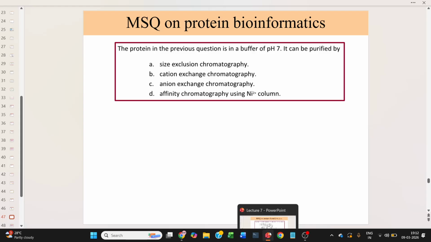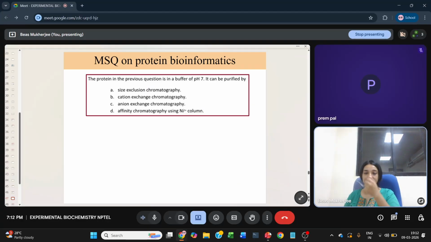Now this question is again important, because the protein in the previous question is in a buffer of pH 7. It can be purified by which of the following chromatographic strategies?